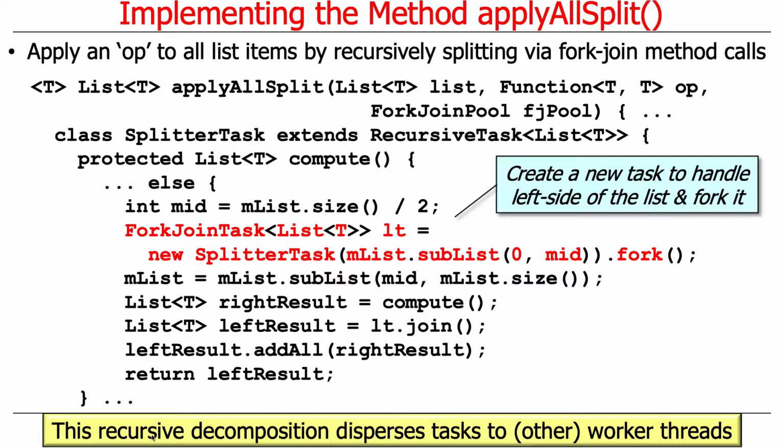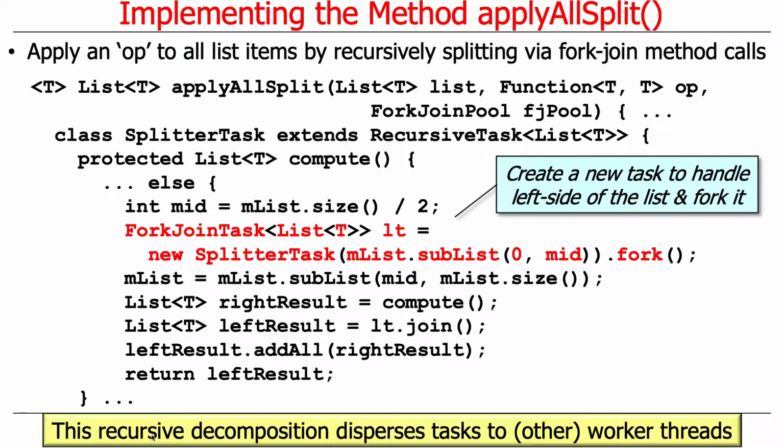So what this is going to do, and we'll see this in more detail when we visualize this shortly, is end up recursively decomposing the overall list into subtasks, and then it's going to have those subtasks go off and work in parallel using worker threads in the fork join pool.